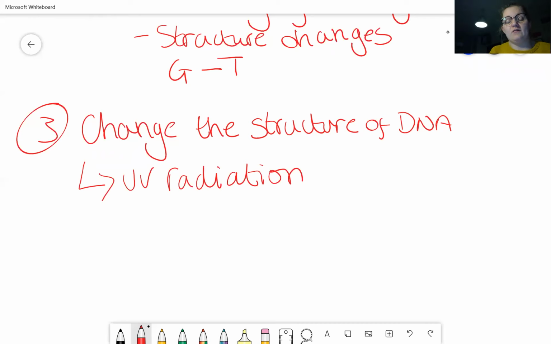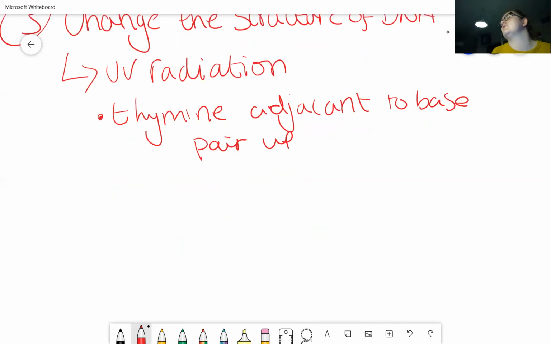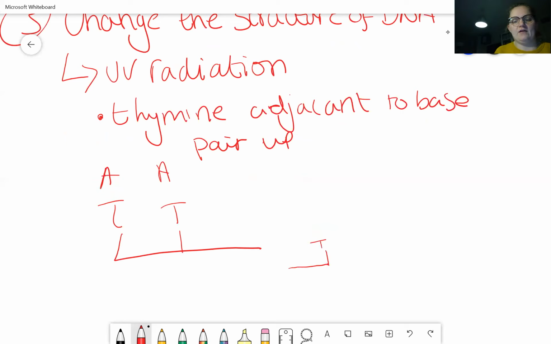What that does is it can cause thymines that are adjacent to each other to base pair together, and it will cause a loop where the strand folds in on itself. Where the thymines should pair with an A and an A, they will actually loop around and base pair with each other, which causes a lot of issues, obviously.